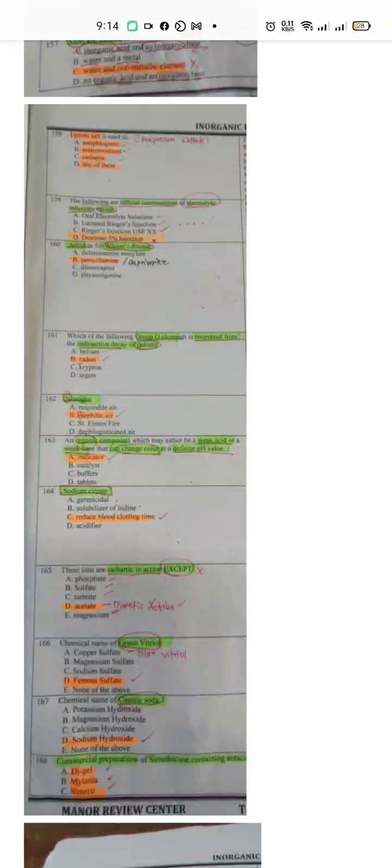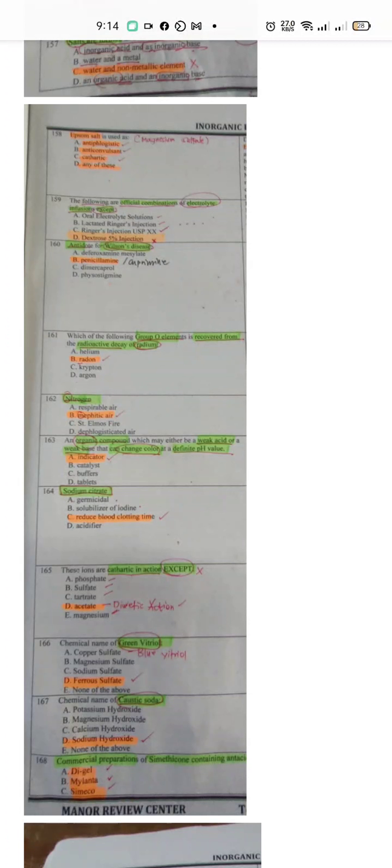Okay, number 166. The chemical name of green vitriol is letter D. Your copper sulfate is your, again, blue vitriol. Your magnesium sulfate is your Epsom salt, which is a saline cathartic.